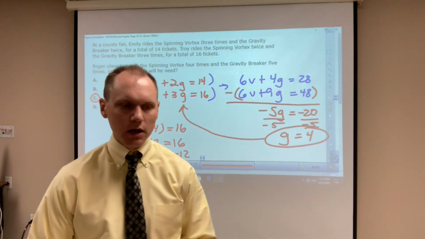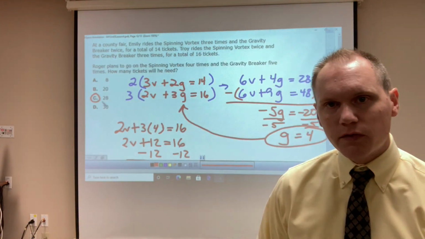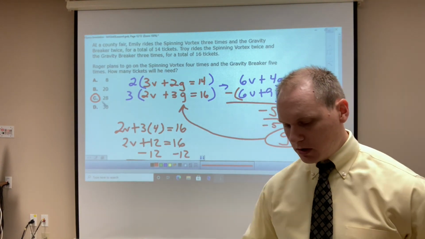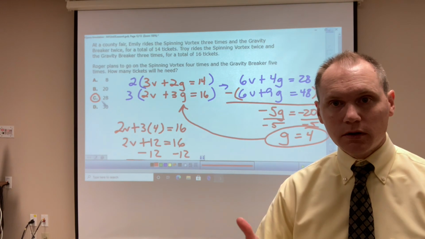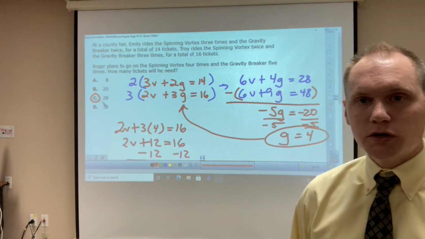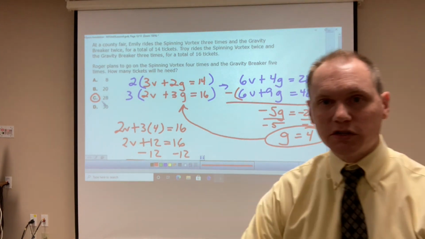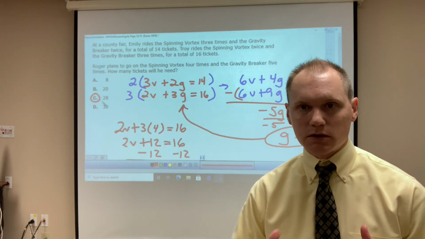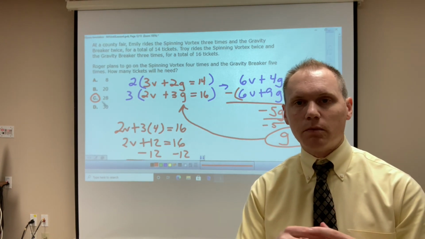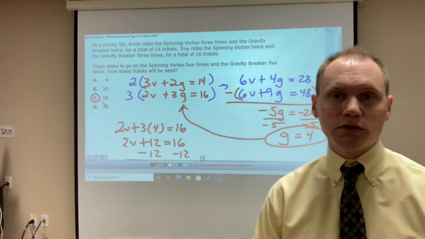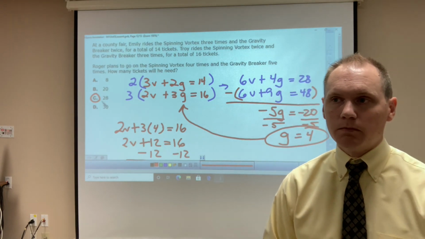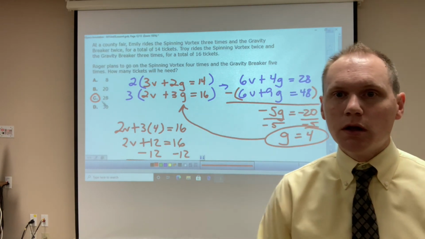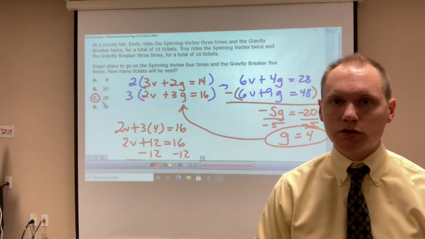So all in all, you need to figure out what strategy you like best between graphing, substitution, and elimination based on the situation you're in. If it's easy to isolate, meaning get by itself, one of the variables, then maybe substitution is better. If you've got y equals something and y equals something, then by the transitive property, you can do that pretty quickly using substitution.